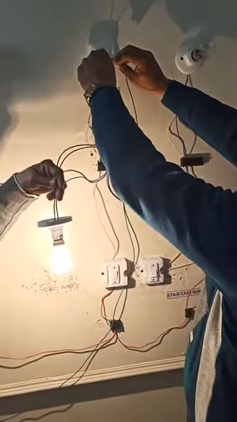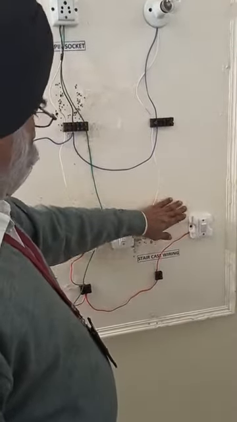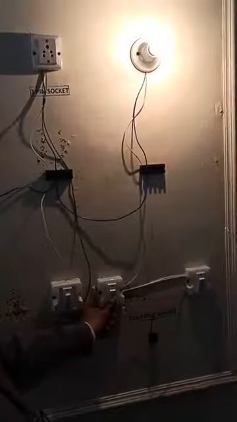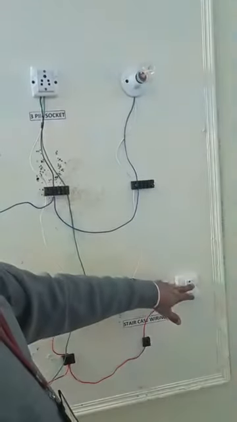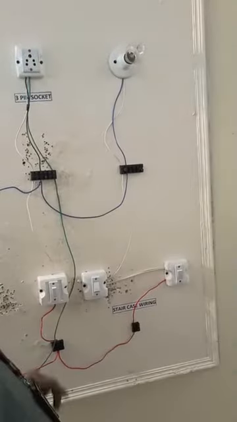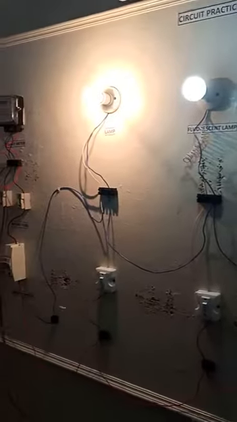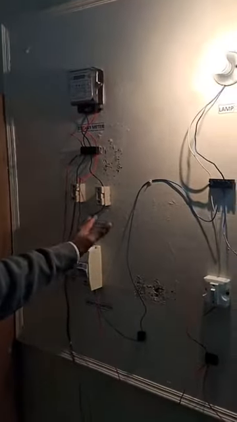And here is the staircase circuit. See from here, it's working. You can make it off from here and start from here and make it off from here. So now we can see the complete circuit is working. So this is all about the house wiring circuit.